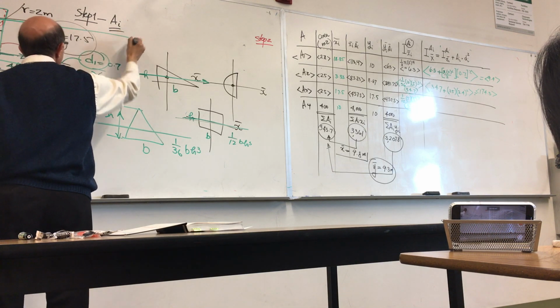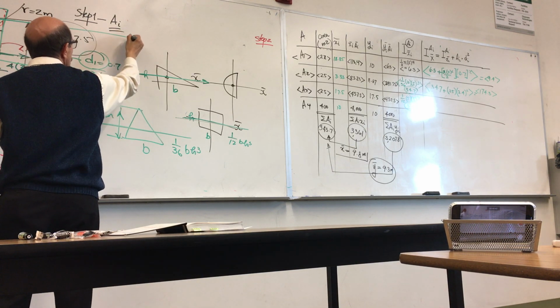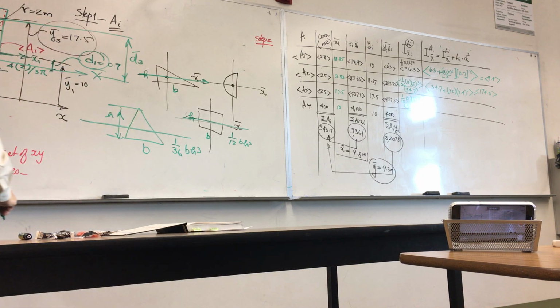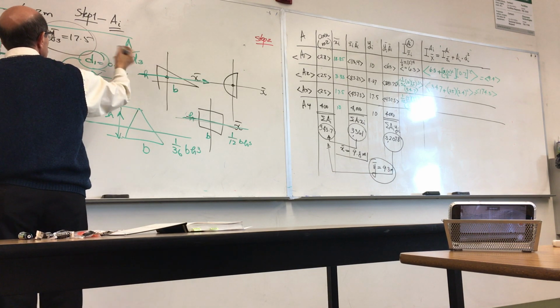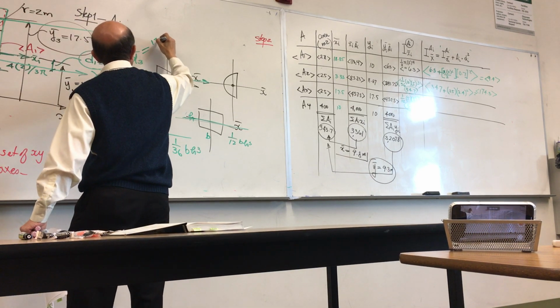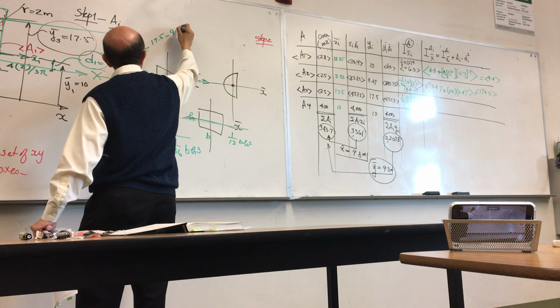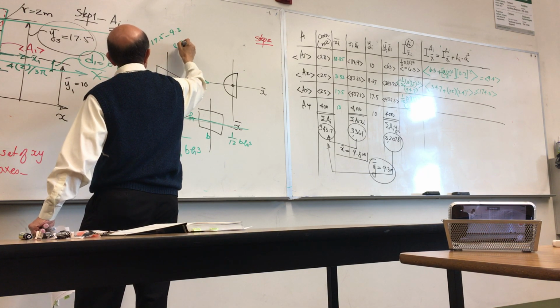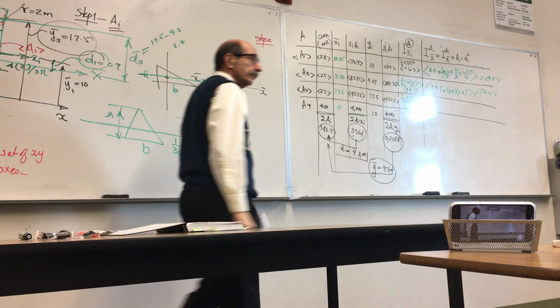So moment of inertia of this guy about this axis is its area times this D3 squared. What is that D3? This is 9.3, right? This was 17.5. So that would be 17.5 minus 9.3, so it would be 8.2, right?